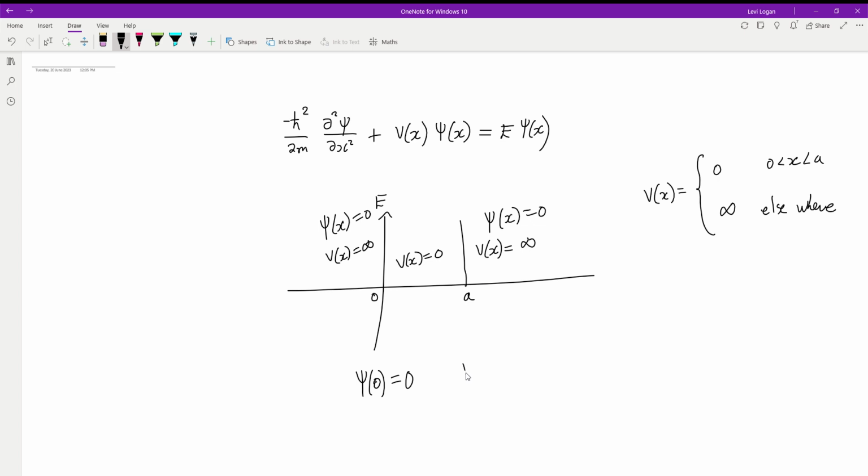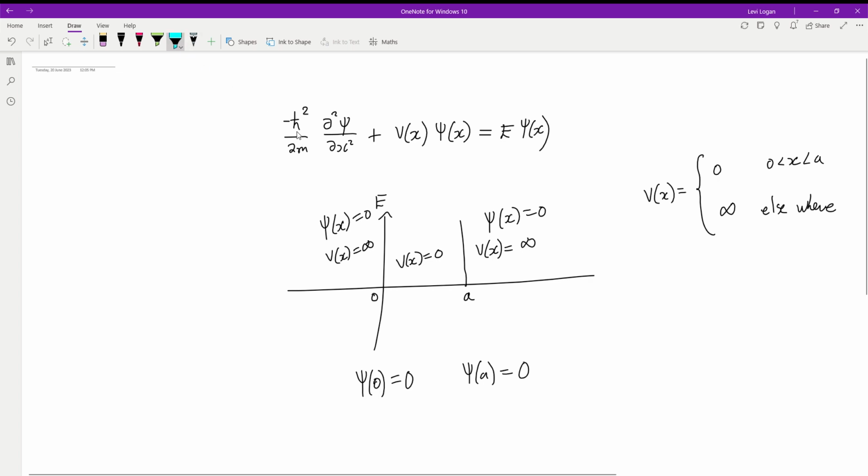And the wave function when x equals a is also 0, okay? So these are also our boundary conditions. Okay, so let's get solving this equation straight away. So now don't be confused.